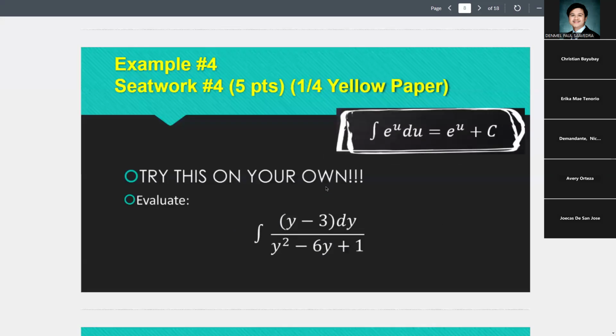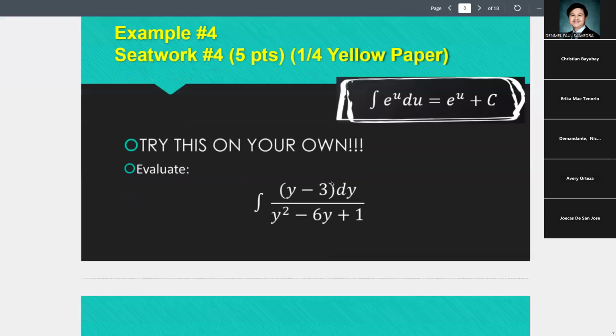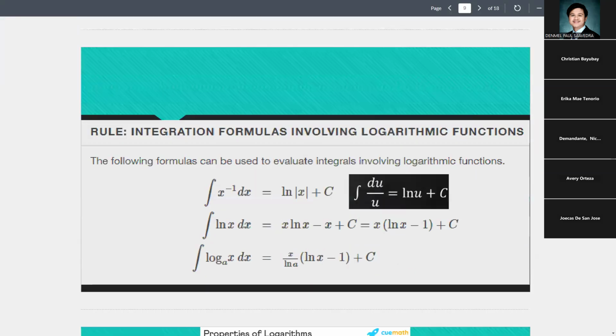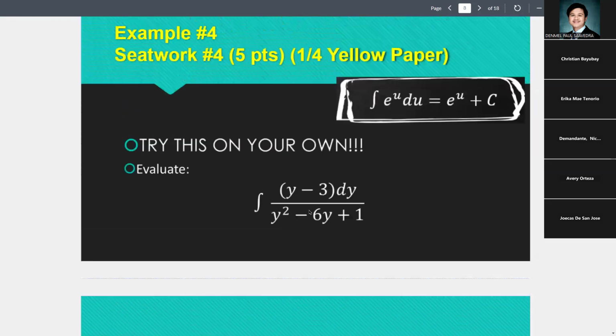Okay, so for this one, just do this one in advance. So gawin nyo na as early as of now, and then I will let you do this one on Wednesday. Okay? So example number 4, this will serve as your seat work number 4. Okay, 4 minutes. Sige, tama na to.